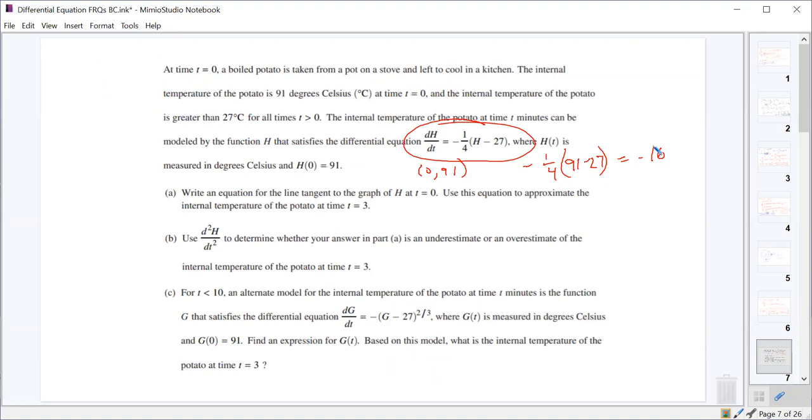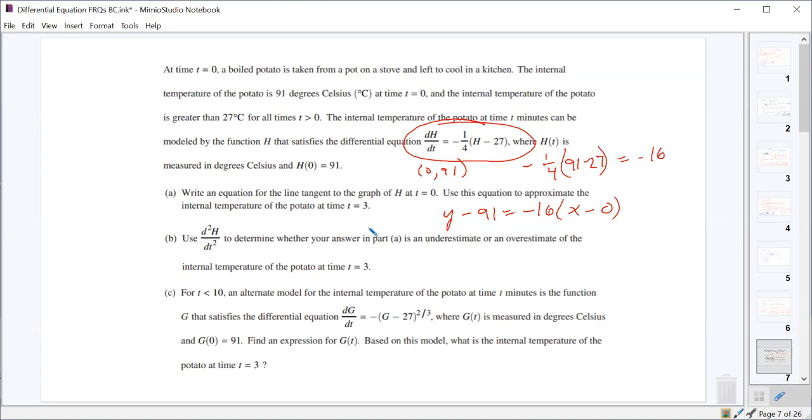So your tangent line to H is y minus 91 equals negative 16 times x minus 0, or negative 16x plus 91. However you want to write it is fine.